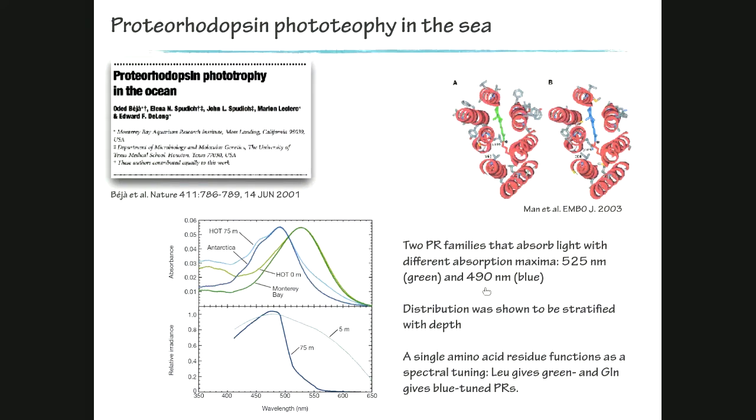And it was shown that the distribution of organisms containing these 2 types of proteorhodopsins had to do with stratification of the water column. And also that only a single amino acid residue functions as a spectral tuning. So leucine gives a green absorption, and glycine gives a blue absorption for the rhodopsins.